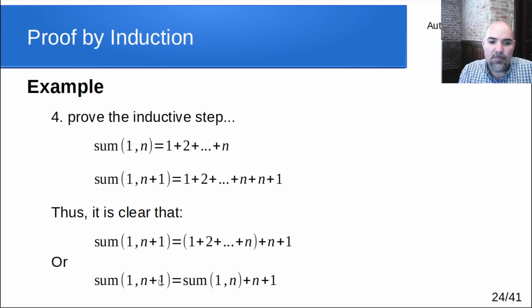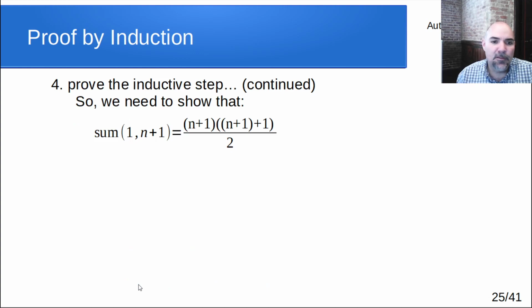And now we've connected the step where we have n to n plus 1. We have both the n and n plus 1 all together in this formula. The only difference being the sum of 1 to n, we add this, that equals that.